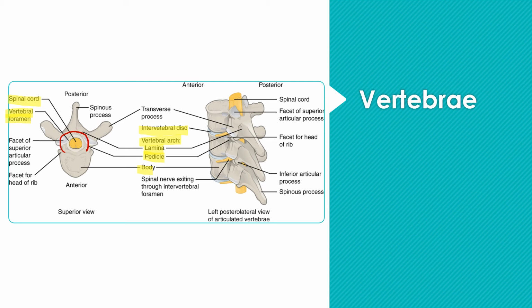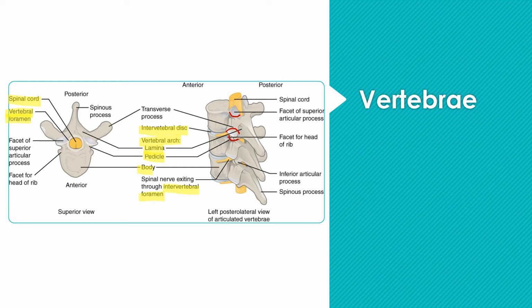Now, these pedicles have superior and inferior indentations, and these are called vertebral notches. You can't see it very well here, but there's a notch there and a notch here. So these are vertebral notches. And when these vertebral notches are stacked on top of one another, they form an opening between adjacent vertebrae on both sides of the column called the intervertebral foramen.